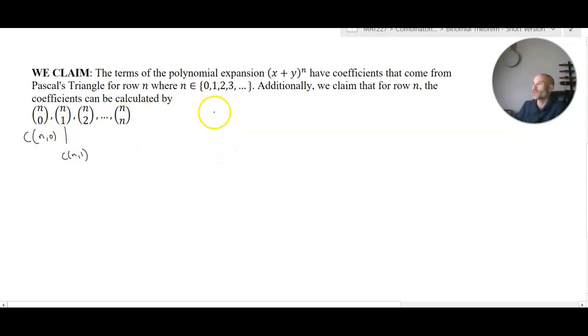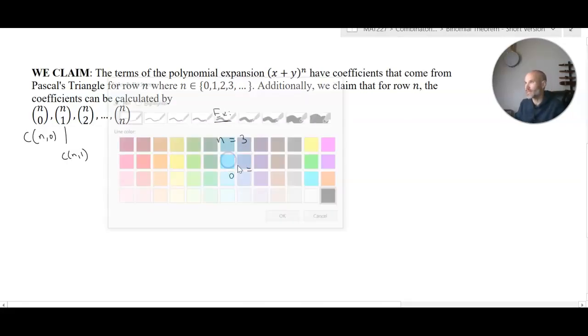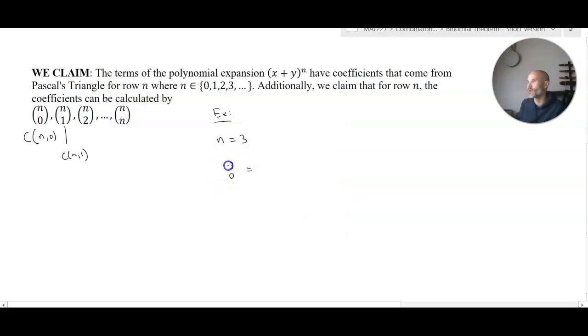And so actually, if you look at an example of this, if you look at row n equals 3, and you do n combination 0, well, that's asking 3 combination 0, because n is 3 for this row. 3 combination 0 asks, if you have 3 things, how many ways are there to select 0 of them? Well, that might seem like it's 0, but it's actually one way. You don't select anything at all.